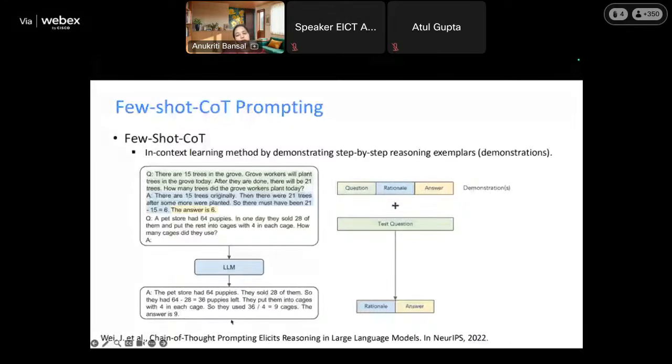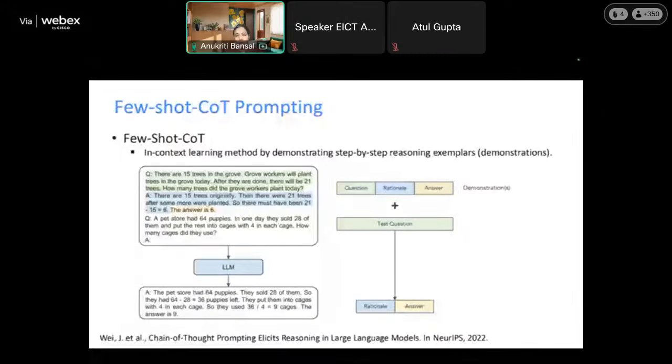So my model will also work in a similar way: first it will write that rationale and then accordingly generate the response. So this is my few-shot chain of thought prompting, and this is very popular even with all your models these days. They use these techniques now.